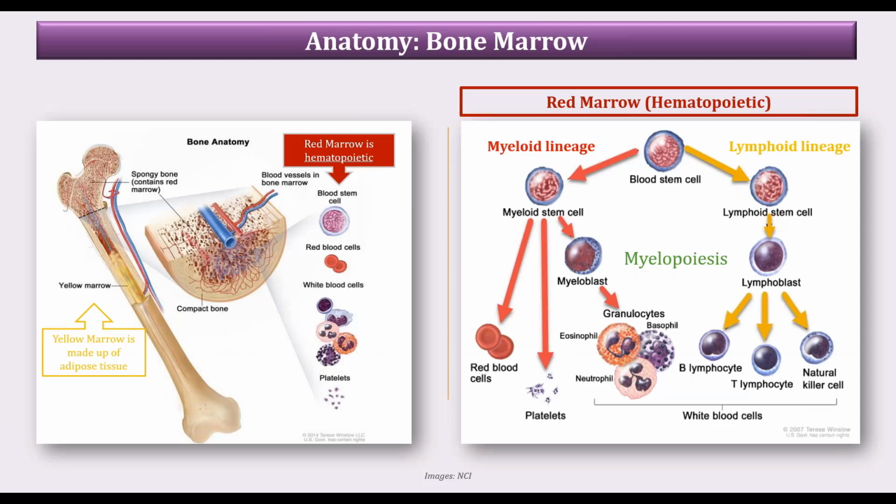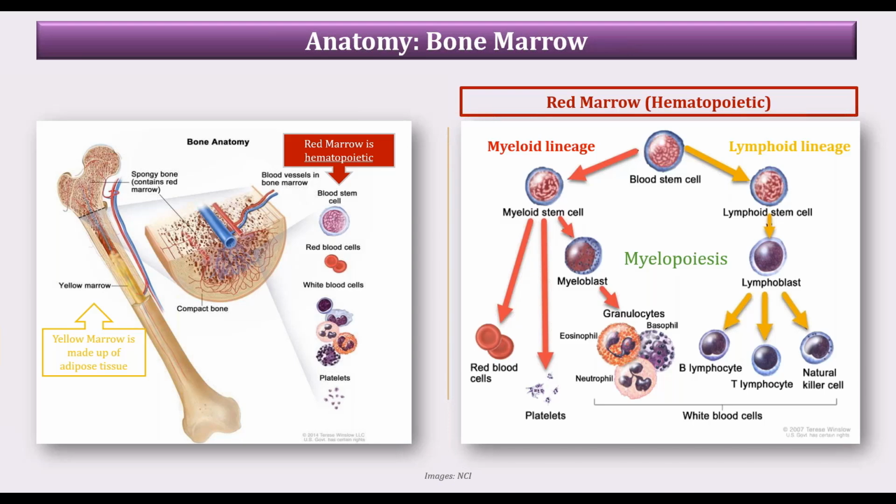So let's start by looking at the bone marrow. The bone is made up of compact bone, spongy bone, and bone marrow. The compact bone makes up the outer layer of the bone. Spongy bone is found mostly at the ends of the bones and contains the red marrow in the core of the bone. So keep in mind, myelo means core or marrow.